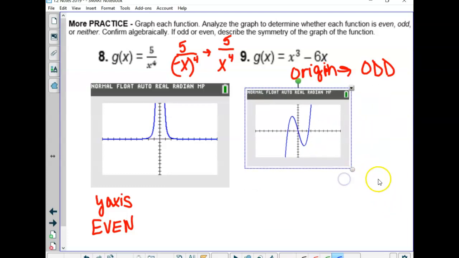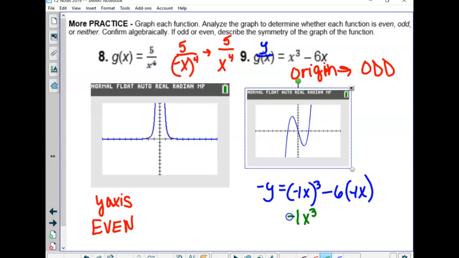Yes, both the x. So this was a y over here, and now it's going to become the opposite of y. This one is going to be negative 1x cubed minus 6 times negative 1x. Okay. Negative 1 to the 3rd is still negative 1. Negative times the negative back here is plus 6x. Why is that not back to what we started with?